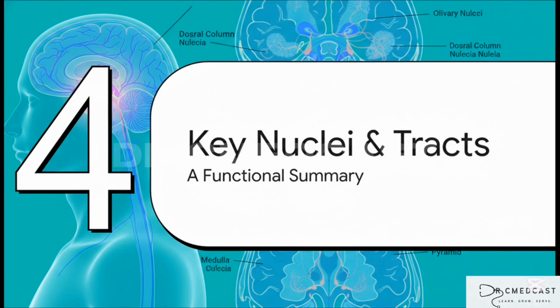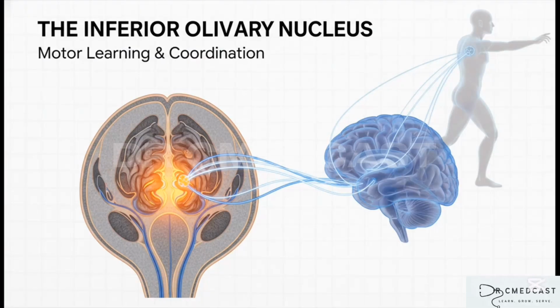Okay, so to wrap up our journey, let's connect all these structures we've seen to what they actually do. We'll just quickly review the purpose of the key nuclei and tracts we've identified. Remember that big, folded, crumpled bag structure we just saw? The inferior olivary nucleus? Well, it's a huge player in motor control.